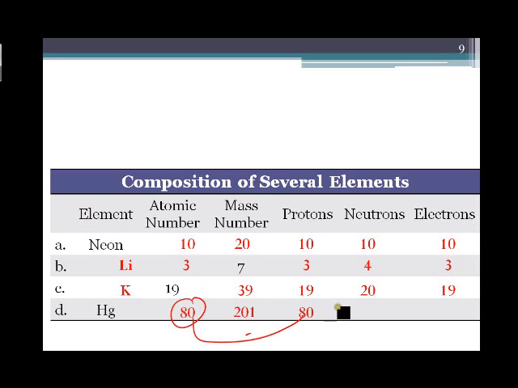So what number plus 80 will give us 201? Mercury has 121 neutrons. And the number of protons is equal to the number of electrons, so mercury has 80 electrons.